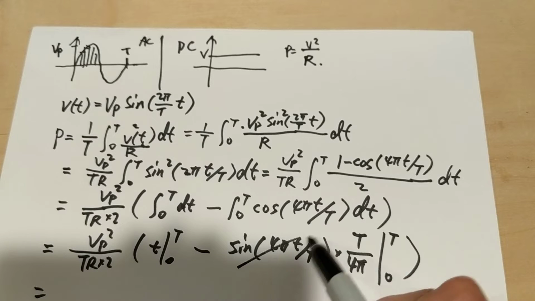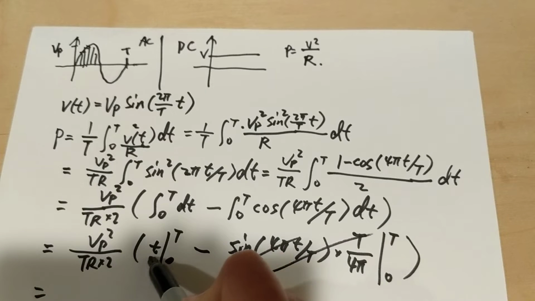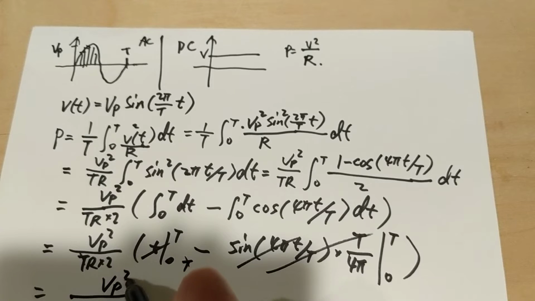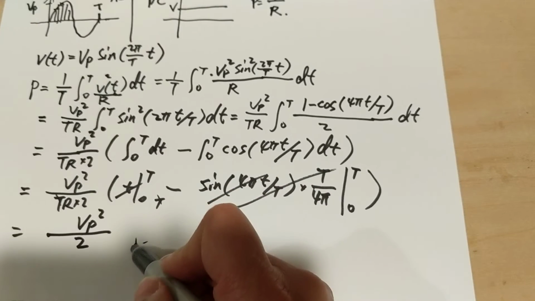So this drops out, and this will become T. So T and T cancel out, so it becomes Vp squared over 2R. So we know the power.